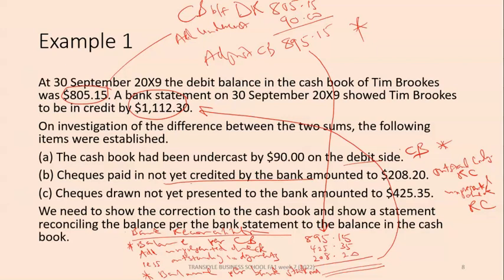By the end of the day, these balances should tally, should agree with one another. But on the ground, they do not agree, and we have sorted out those issues. We first correct our cash book, or update our cash book, which we did here. Okay, we have updated our cash book, and then we do the reconciliation.